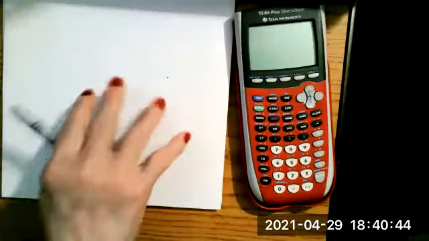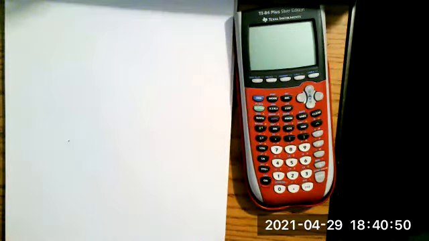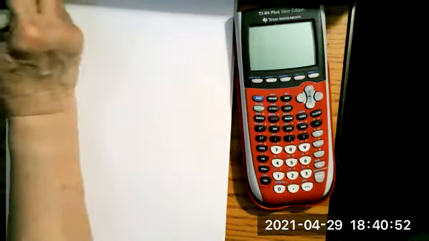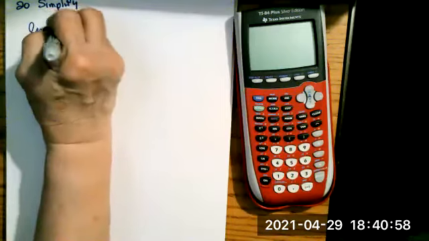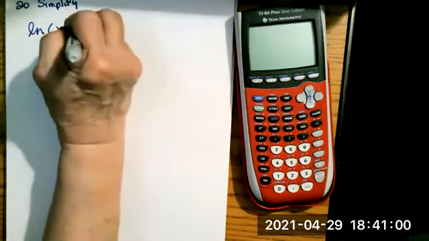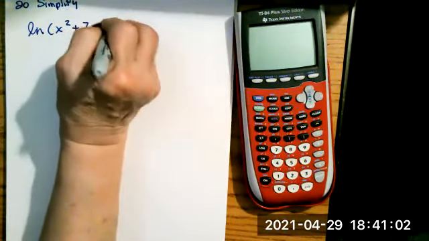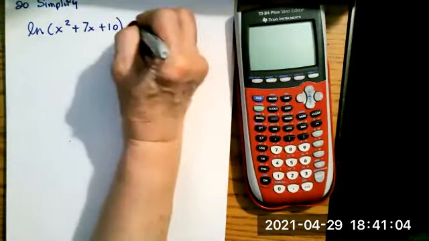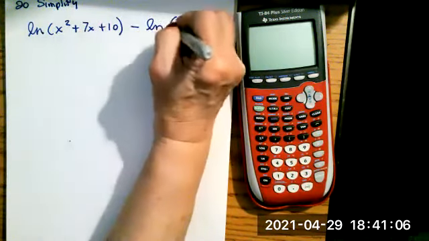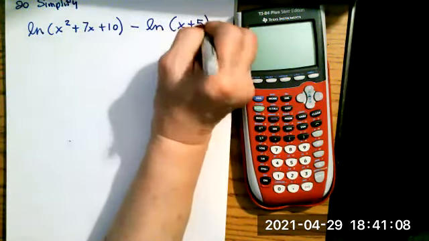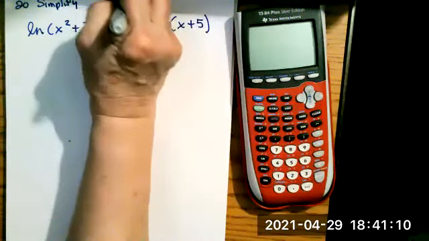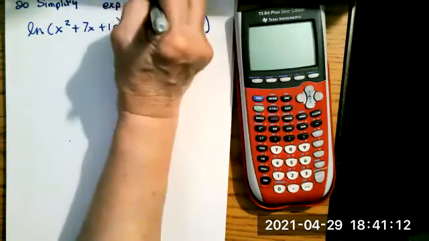Okay, number 20. Number 20 says simplify in the directions. And they have ln of x squared plus 7x plus 10, and there's a minus ln of x plus 5. So we have to go from expanded to contracted form.